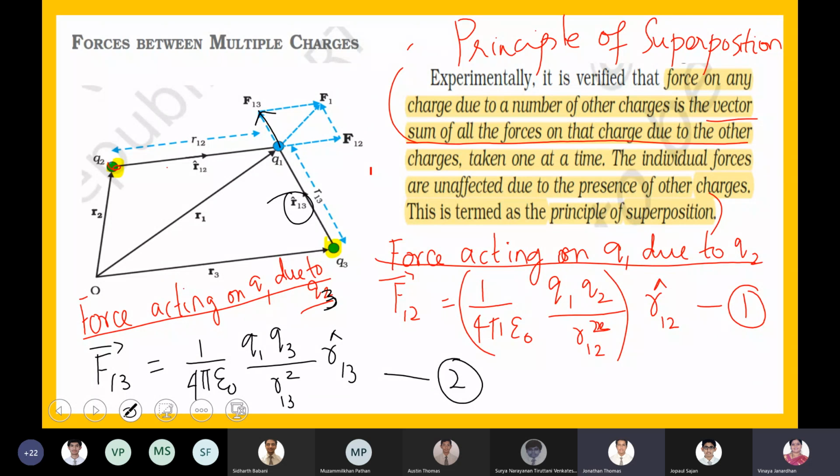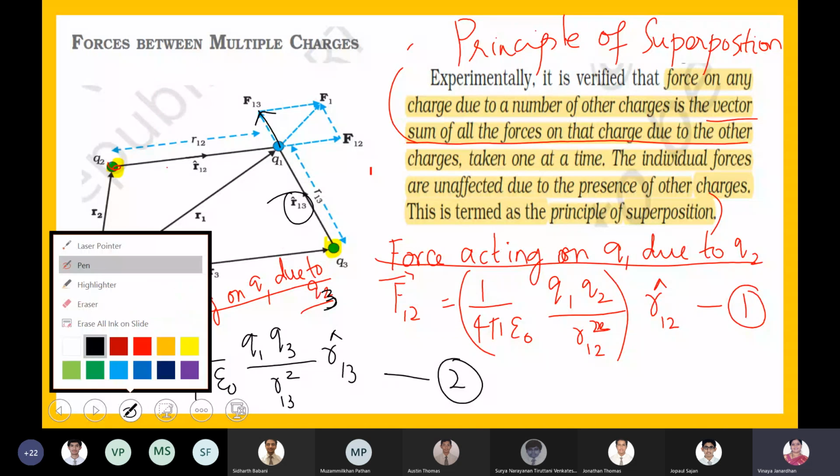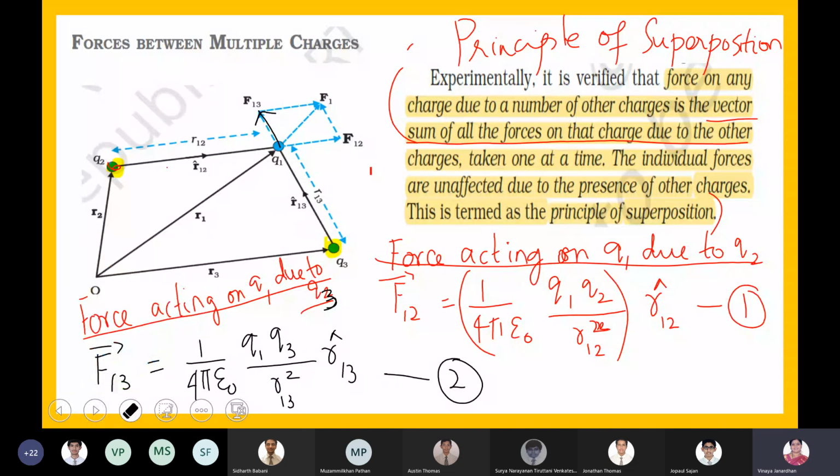Also, ma'am, in the previous derivation we did, if the forces were attractive, it would still be negative of each other. Attractive means this unit vector R13 would have been negative. Look at this R13. Can you see the direction of R13 and the direction of F13?